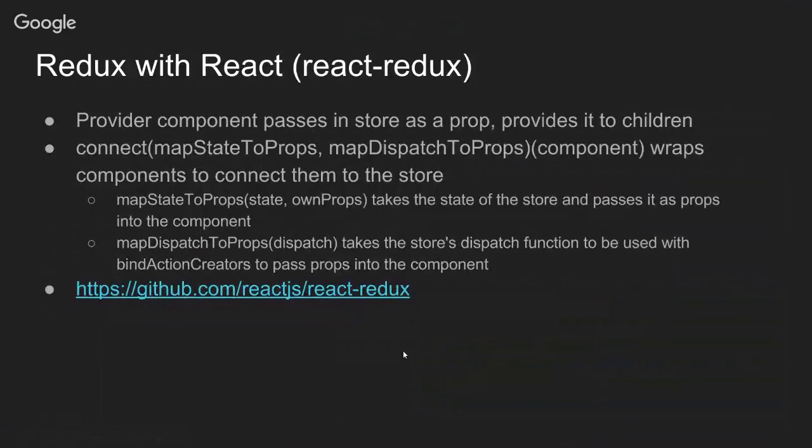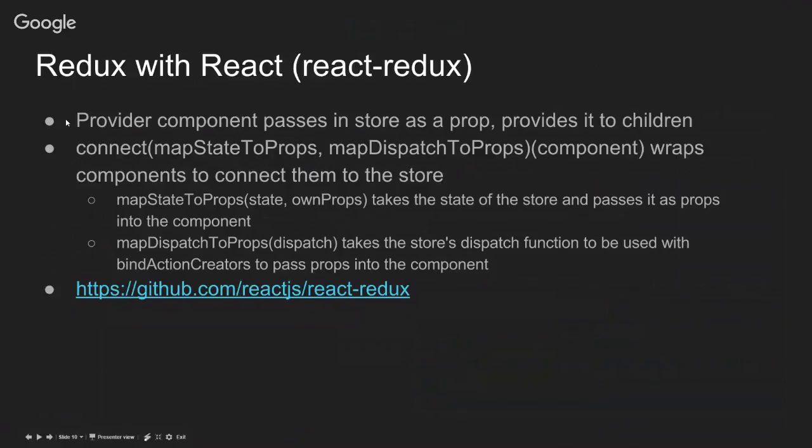So yeah, that's less important since you probably won't even interact with most of those if you're doing Redux stuff. Really what you care about here is the concept of connected components with the React Redux library. Basically, to set this up, you'll have a provider component somewhere right at the top of your hierarchy. You pass in the store there. It can be a singleton if you want, or just have one per instance. It doesn't particularly matter.